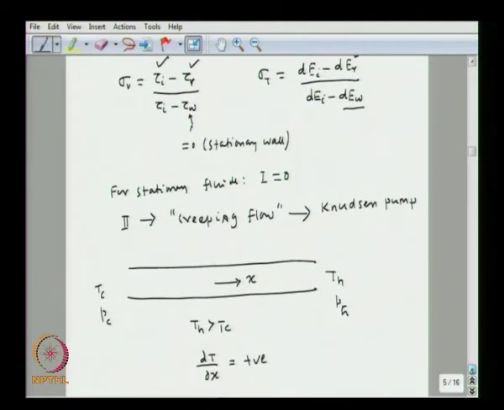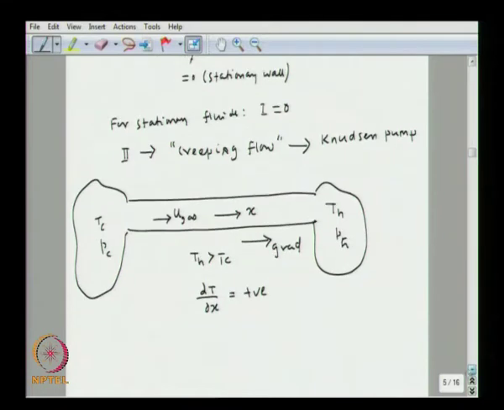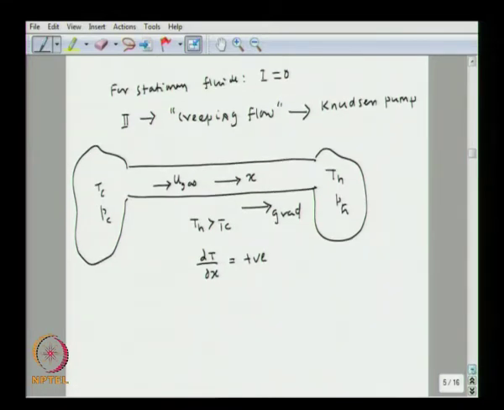So you would have a flow occurring in this direction, u of the gas, and if you have two reservoirs and you maintain a temperature gradient in this direction, you can induce a pumping action, and that pump would be known as a Knudsen pump.